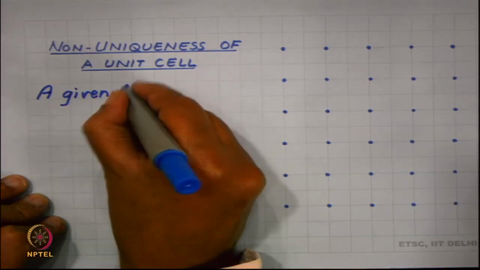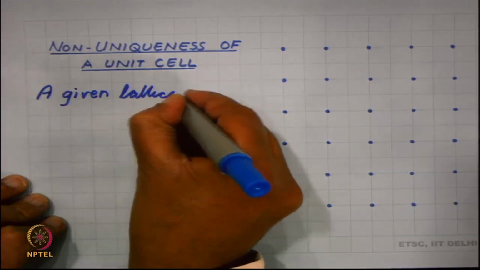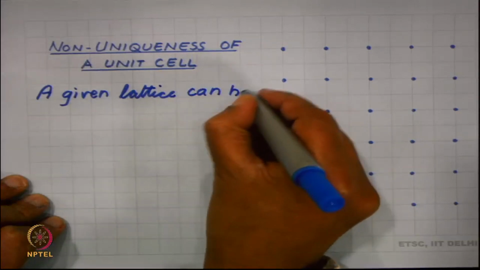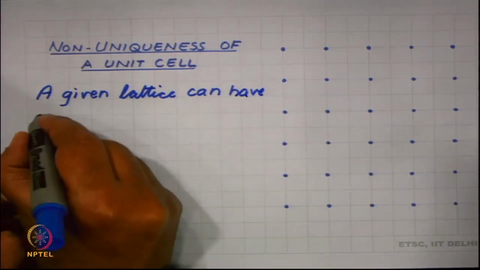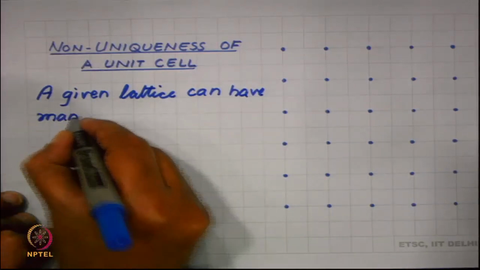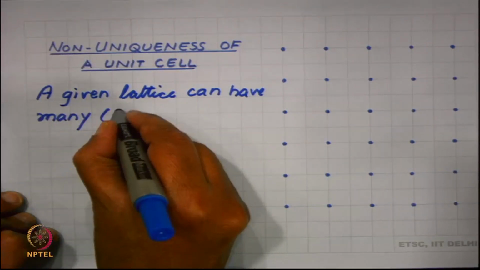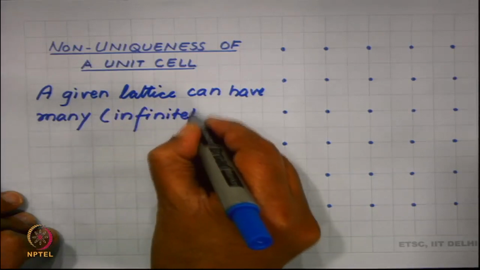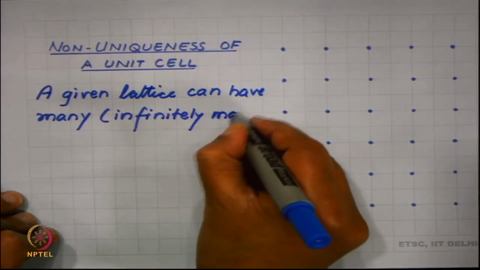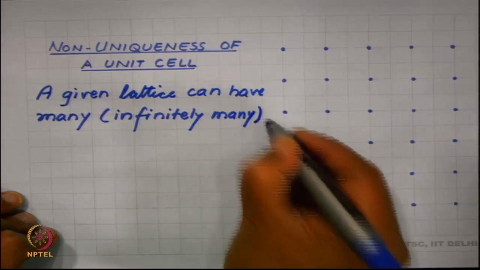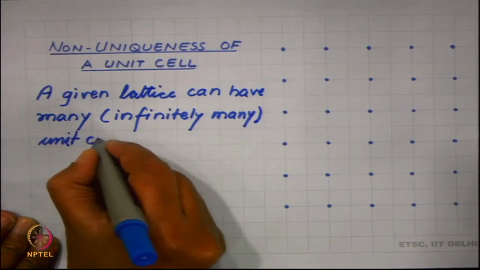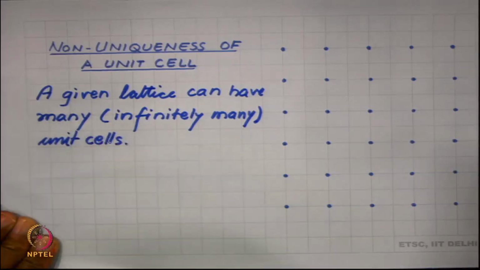A given lattice can have many, in fact infinitely many unit cells.